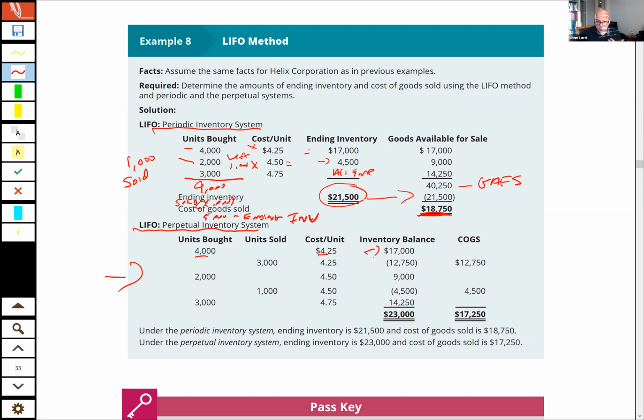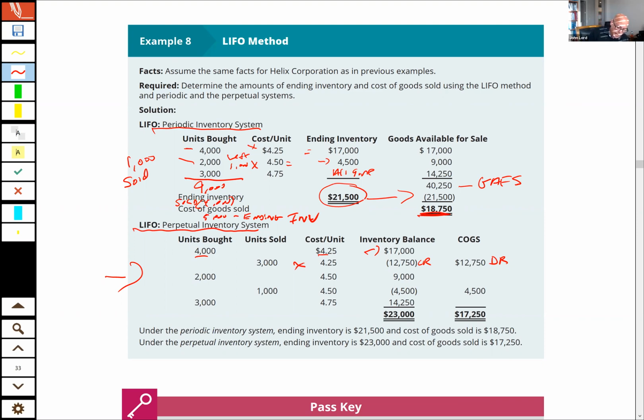And the perpetual method says you must debit cost of goods sold and credit inventory after each sale. And so I have no choice but to use that 425 under the perpetual method. So I credit my inventory and debit my cost of goods sold for that 12,750, because I have to use the 425 amount.